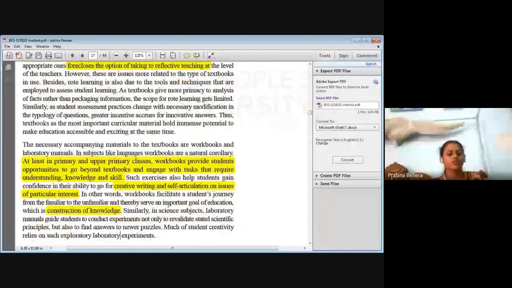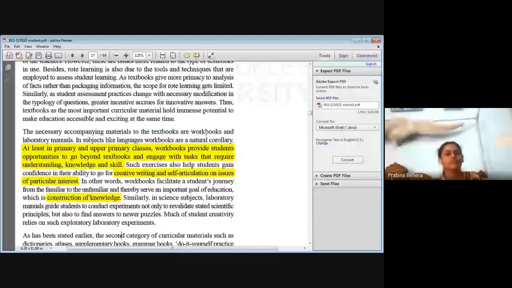Then workbooks are there in the prescribed curricular material. Workbooks provide students the opportunity to go beyond the textbook and engage with tasks that require understanding, knowledge, and skill. Different workbooks are designed for primary and upper primary classes, which are essential for the learner. They develop their understanding, knowledge, and skill.